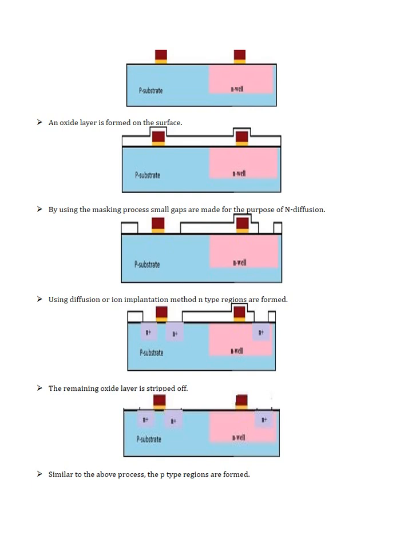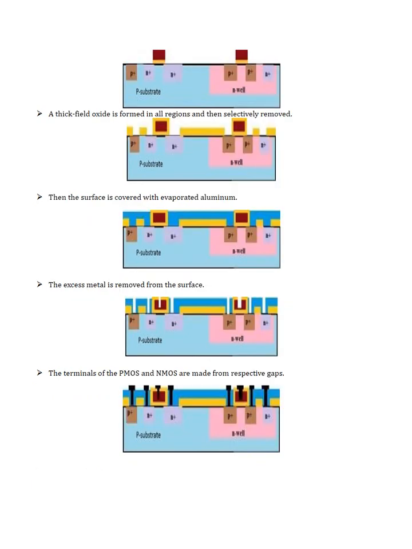Again we will have an oxidation process, then keeping windows open only for N-type regions, we will diffuse N-type impurity, then again oxidation will happen. In the next step, the photolithography process will be done to create windows for P regions.